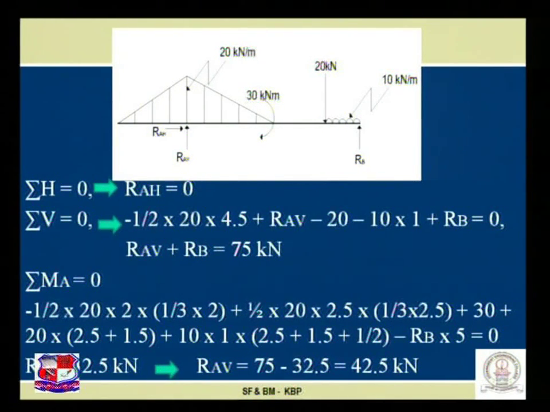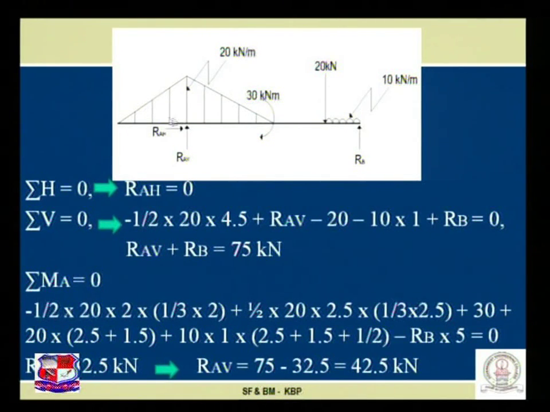Now when I take a moment over here, visualize, if I take the full load over here, then some part has a moment in this direction, some part has a moment in this direction, or otherwise I should know the CG of this triangle. This is one of the tedious procedures to find the CG of a triangle. So what I did, I divided my UVL into two parts, left part and right part.